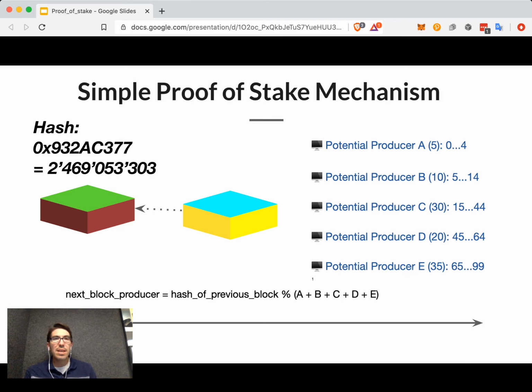So a very simple proof of stake mechanism would be as follows. We take the hash of each individual block, and we take all of the holders of the token, and basically roll the dice.